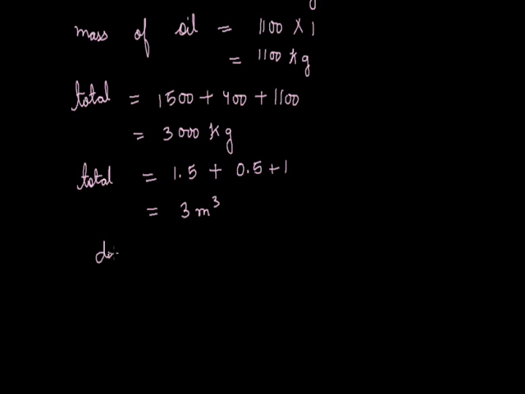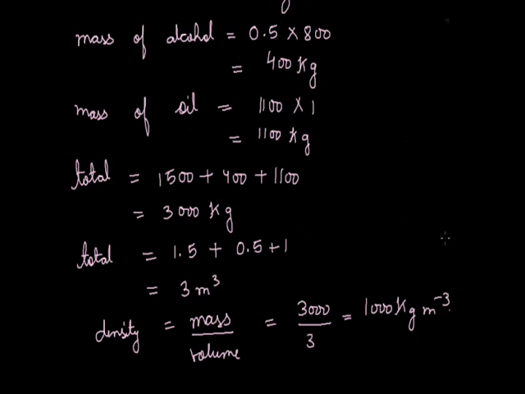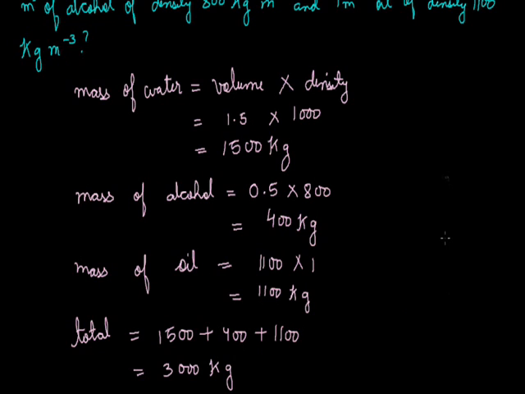Now, density we know is mass per unit volume. The total mixture has a mass of 3000 and volume is 3. Hence the density will be 1000 kg per meter cube. This is the density of the mixture of alcohol, oil and water. These were a few numericals based on density and relative density. Thank you.